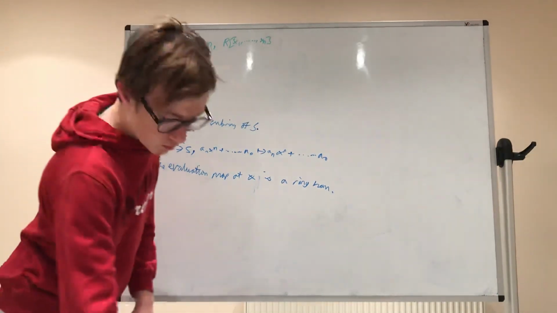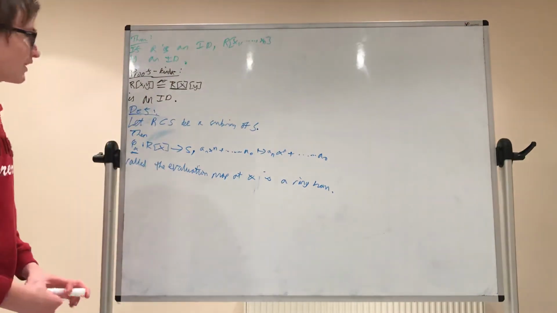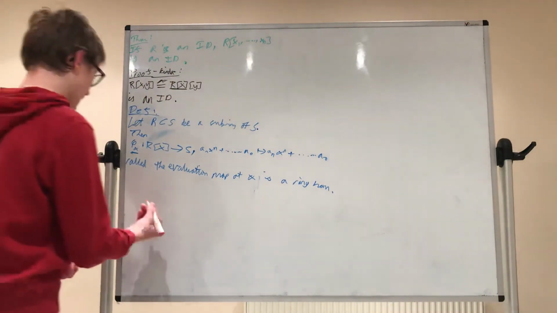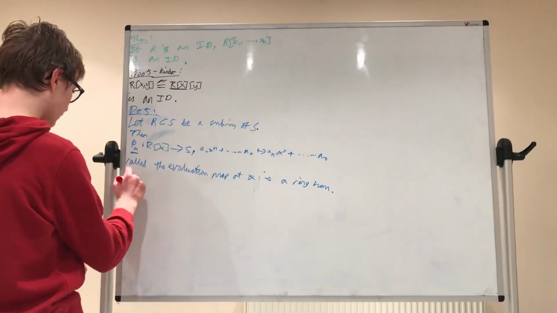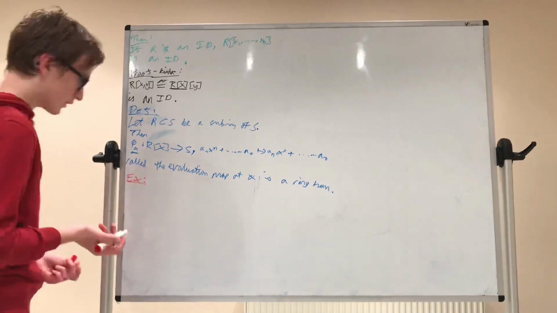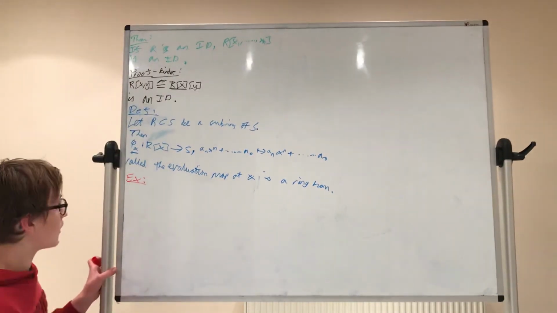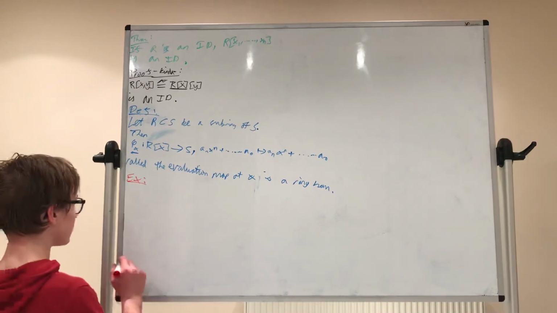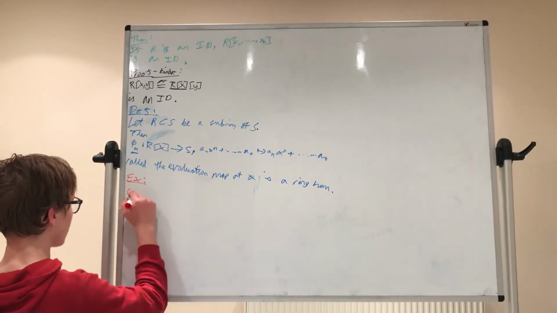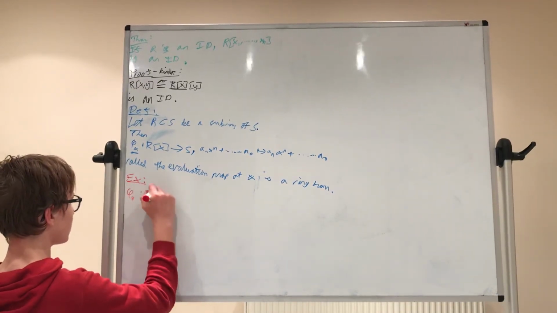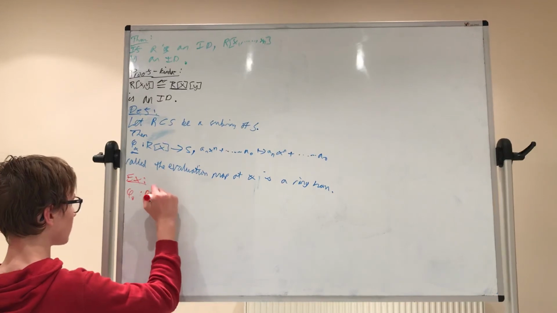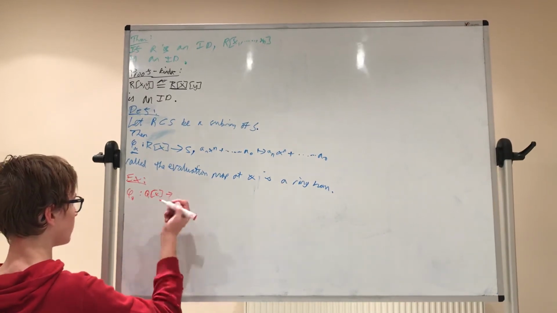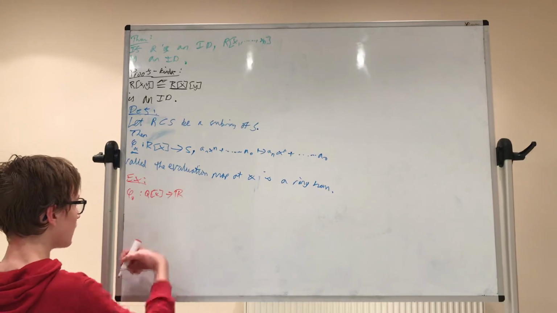So from now on we'll just be looking at some examples. Let's have phi_0 from Q[x] to R. What's that going to do?